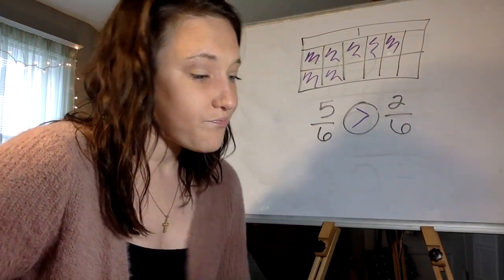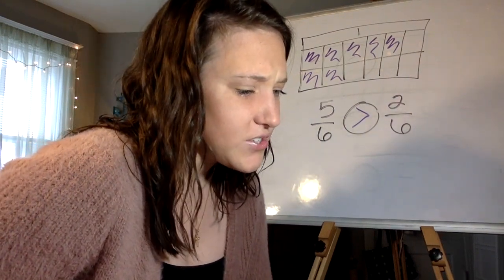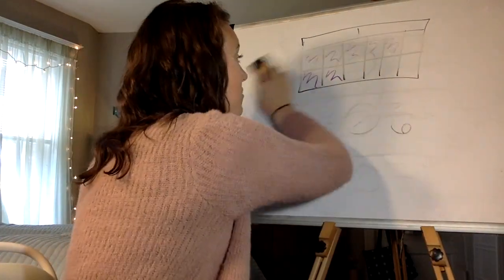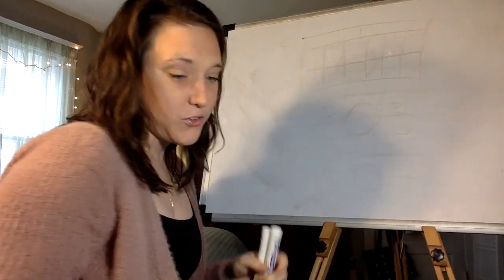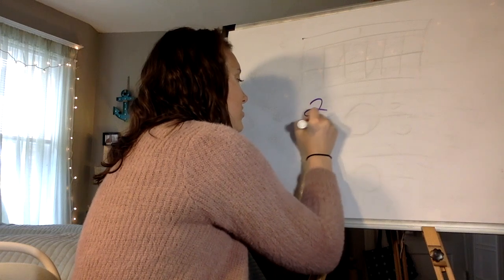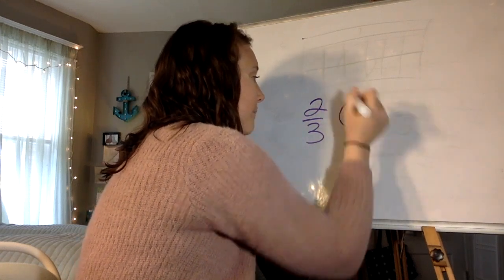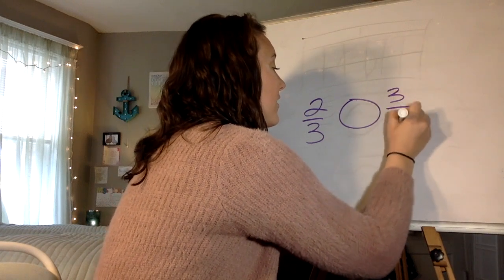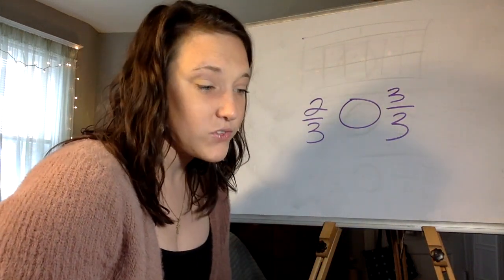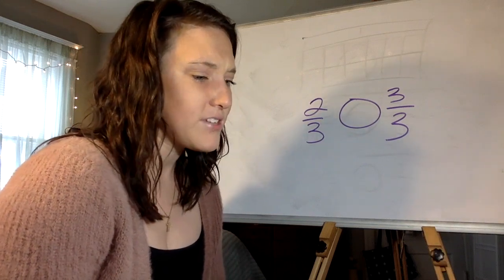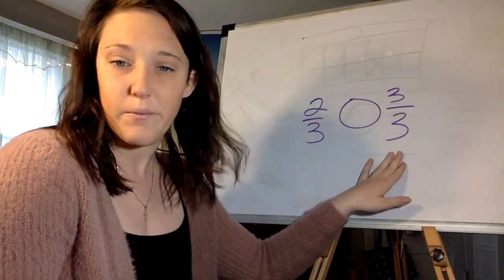And then looking ahead, 5 through 10 gives you some examples where you don't have to do any shading, and we just have like 2/3 compared to 3/3, and this is what all of your examples 5 through 10 look like. Then I'm just going to have to think, well, they have the same denominator.